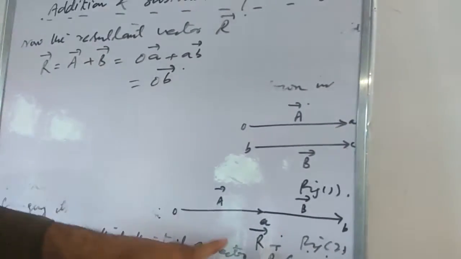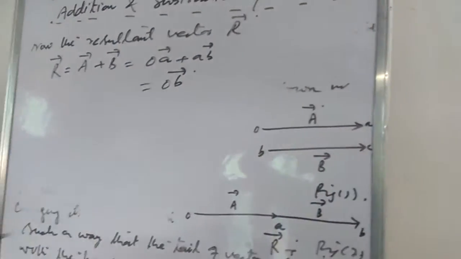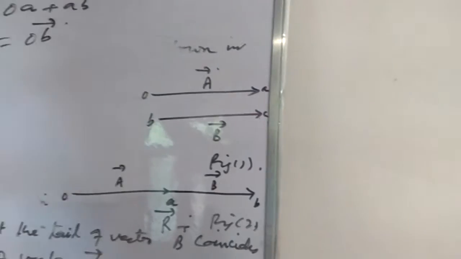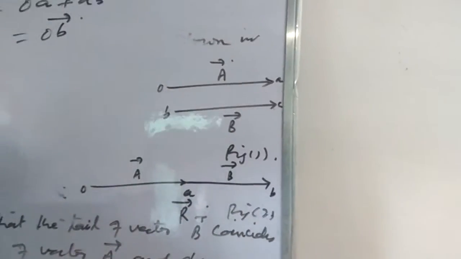This is the resultant vector, equal to A plus B, or OA plus AB, or OB. So the resultant of two or more vectors is a single vector which produces the same effect as the individual vectors do together.